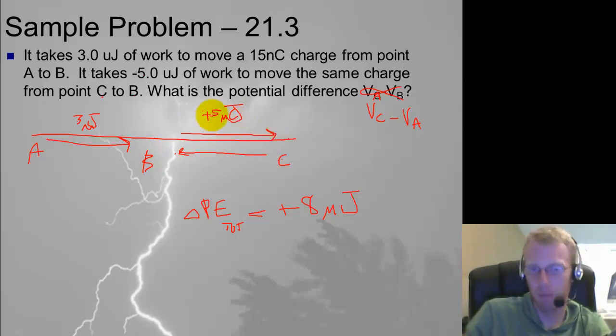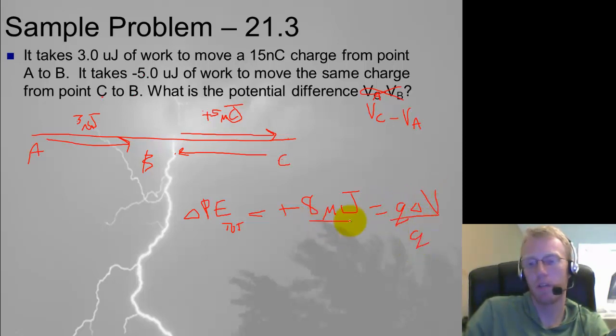It'll be plus 5 microjoules. So we've got 8 microjoules, and that's got to equal Q delta V. So divide both sides by Q, and we get the change in voltage from C to A is 8 microjoules divided by the charge, which is 15 nanocoulombs. Joules per coulomb is volts, so that's good.